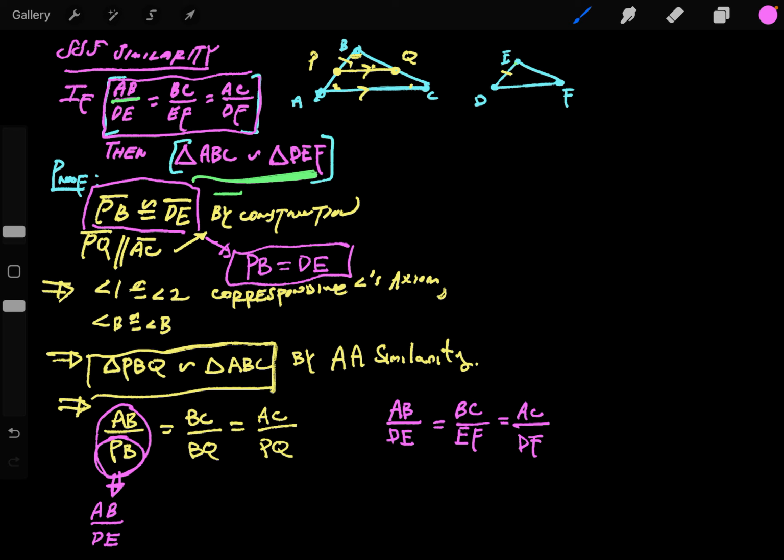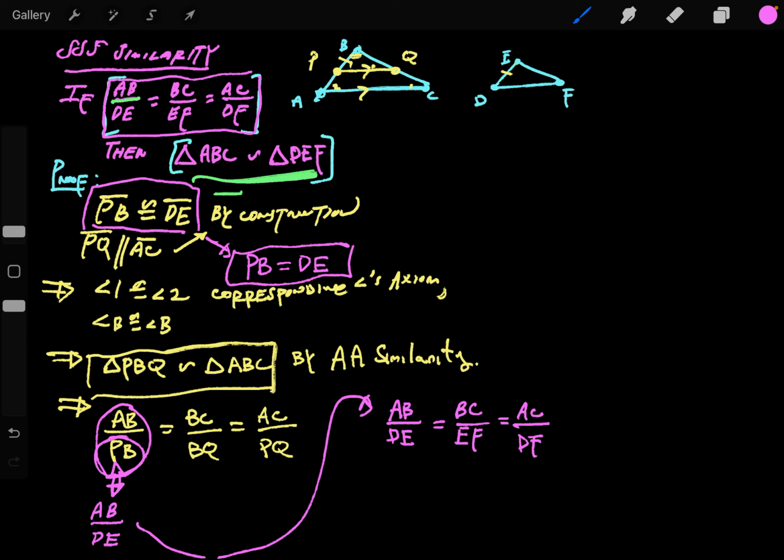So instead of writing PB, I could write DE, and now I have an equality here. And once you have that, that links you to here. And the link gives you everything that you need, because now all of these things are equal, okay?